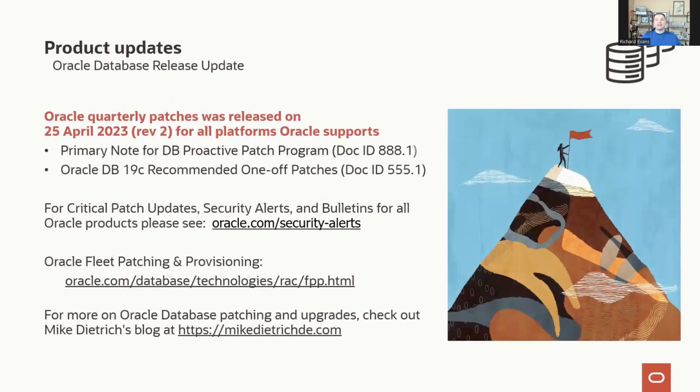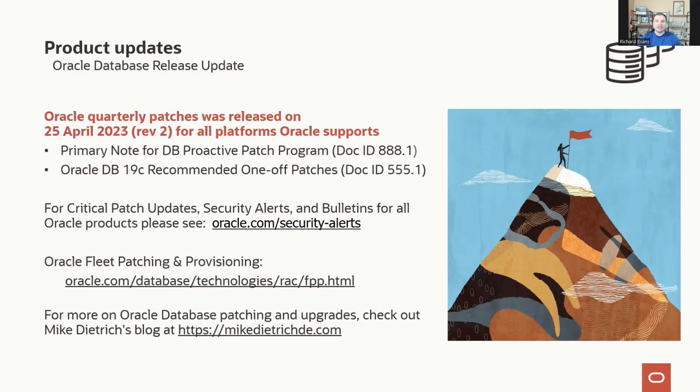As always, patching. Patcher was released a couple weeks ago for all platforms. Please, please, please try to keep yourself up to date on patches. We have some customers that are so good at it, they're patching monthly now. So there's monthly patching available as well.